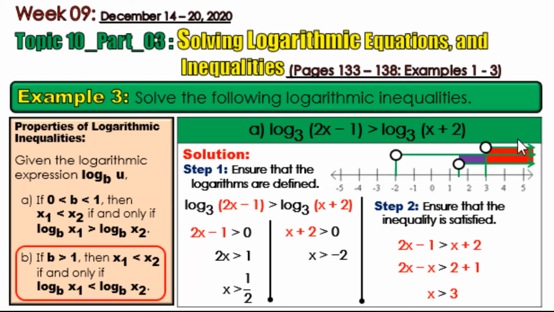And therefore we can write our answer as x greater than 3, or in interval form, we have 3 to positive infinity. So this is the interval form, but you can also use this notation as your final answer.